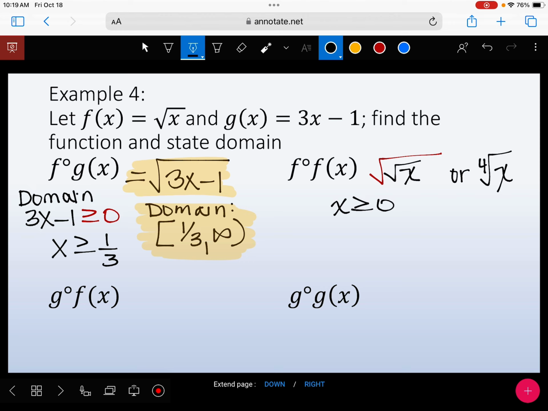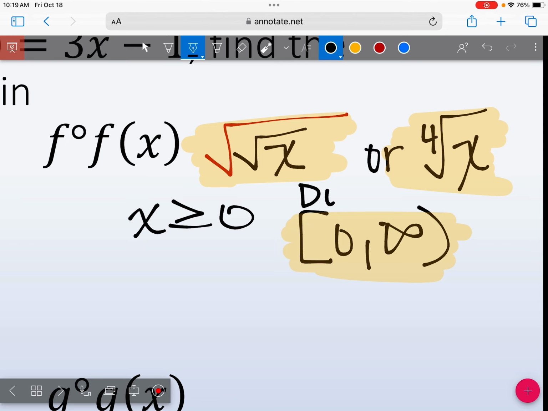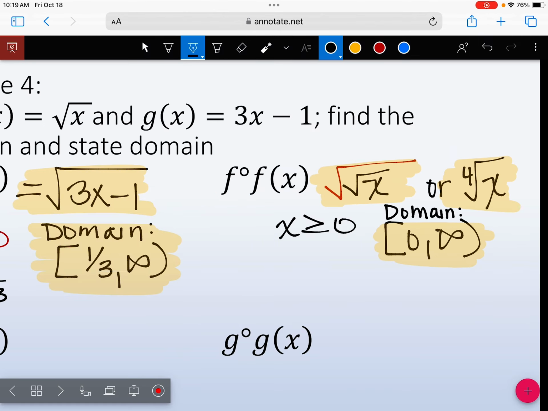So our domain is going to be x greater than or equal to 0, or bracket 0 to infinity. And I would take either one of these answers, and this is our domain. Let me go ahead and write domain here, so we'll know what that piece is.